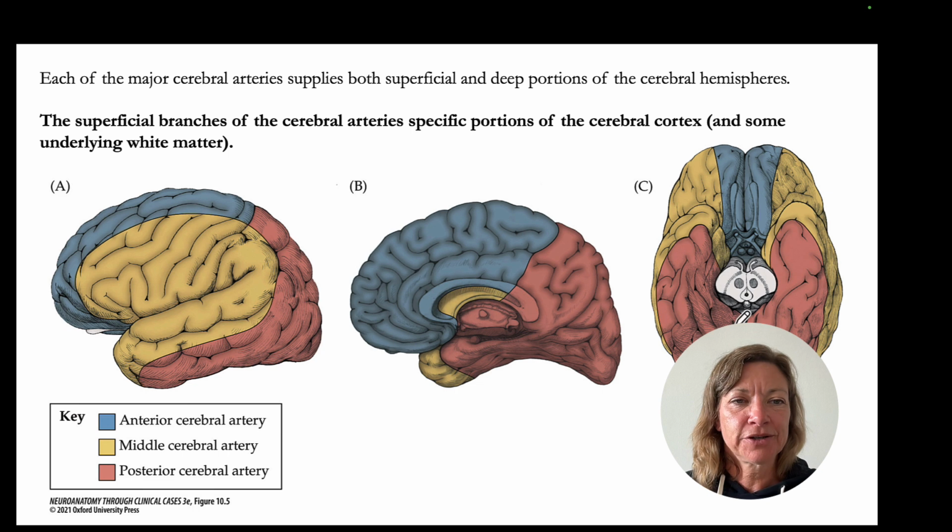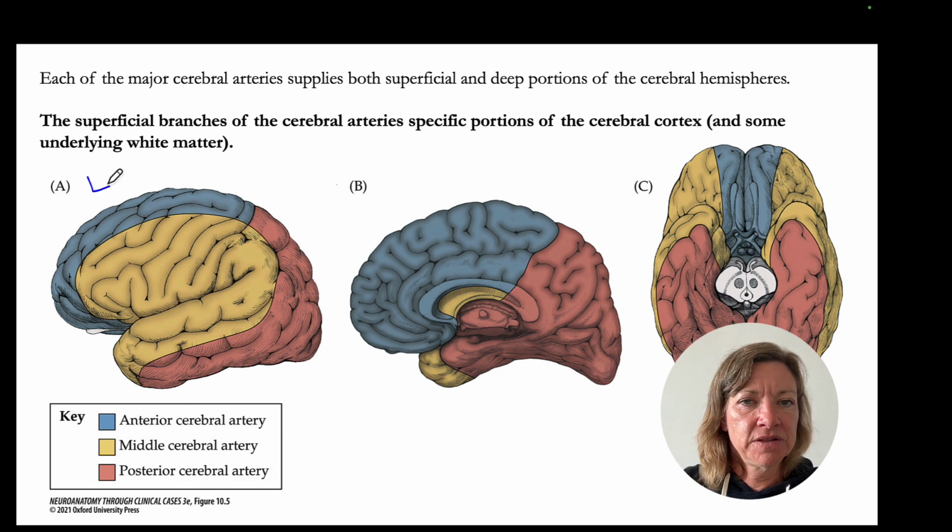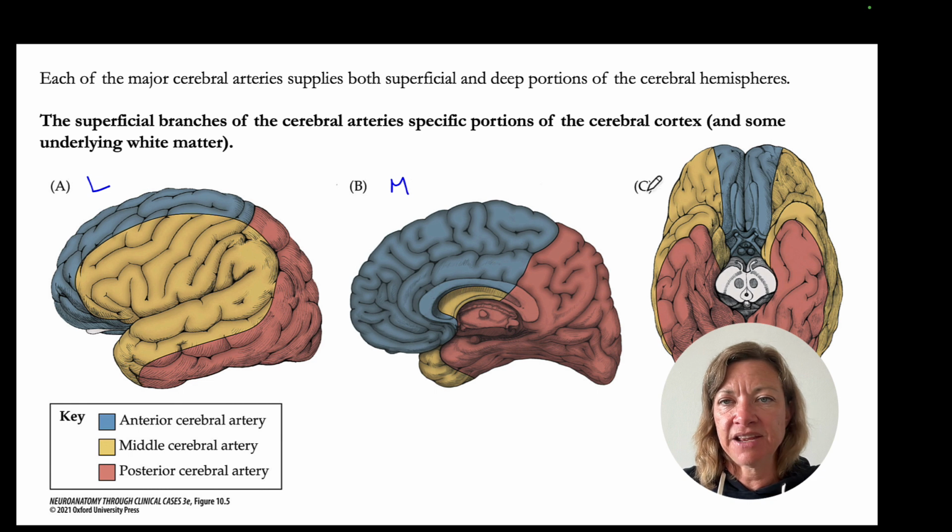So this color-coded schematic shows the portions of cerebral cortex supplied by the superficial branches of each of the major cerebral arteries. And you can see that in lateral, medial, and inferior view of the brain. So the superficial portions of the circulation supply specific portions of cortex as well as some underlying white matter.